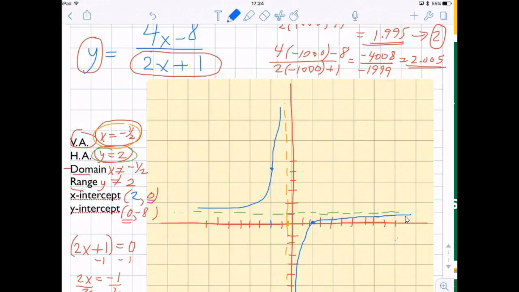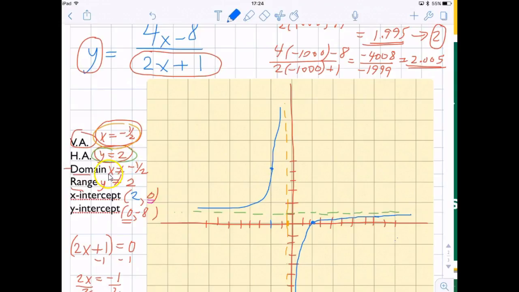So if you put the number positive 1,000 or negative 1,000 in for x, then you're going to get the value of the height of the horizontal asymptote. Okay? You're not going to get exactly the number, but you're going to get like 1.995, 2.005, and obviously between these two, the magic number is going to be 2. So then you can write that the horizontal asymptote is y equals 2.